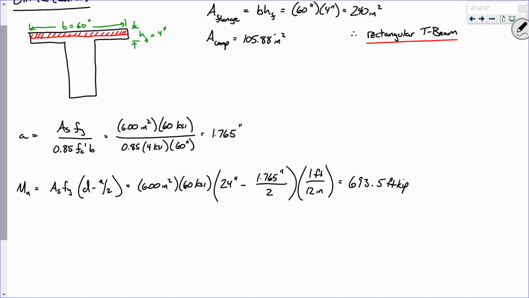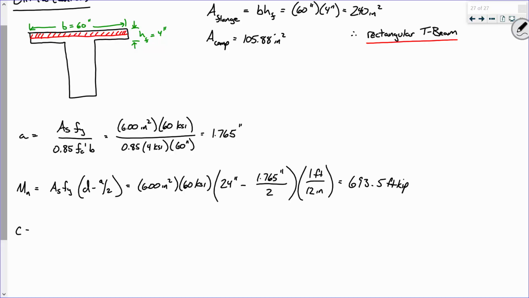So to compute the strain in the tension region, what dimension do we need? Similar triangles. And what are we missing? c. We need that neutral axis depth. So how do we compute c? a divided by 0.85. Well, divided by beta 1. It happens to be 0.85, but let's be clear that we're not confusing that.